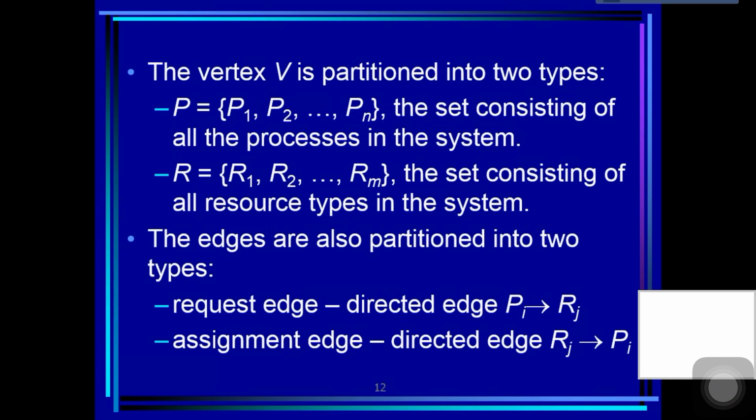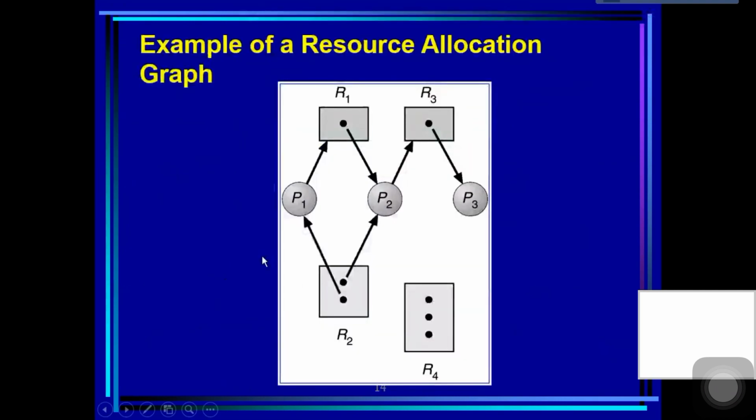It signifies that process Pi has requested an instance of resource type Rj and is currently waiting for the resource. A directed edge from resource type Rj to process Pi signifies that an instance of resource type Rj has been allocated to process Pi.